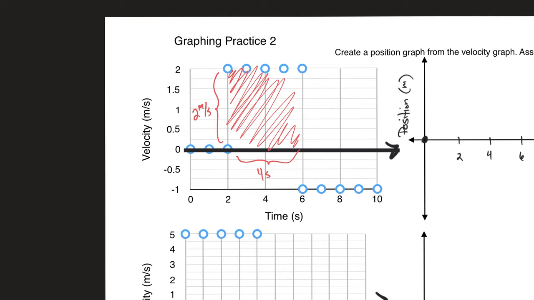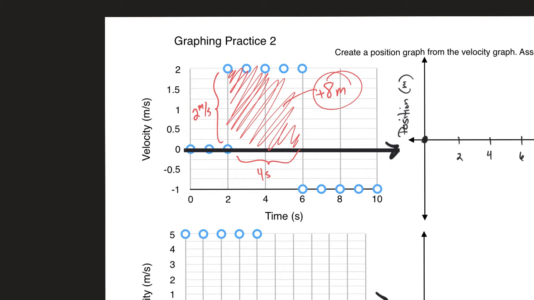You remember doing this last week? Hope so. All right, so that means this section had a displacement of positive 8 meters. Like I said, I'm going to go as far as to even put the positive there, because this is velocity. Velocity has direction. And so I'm making sure in my head I know the direction is positive. It's moving in a positive direction.